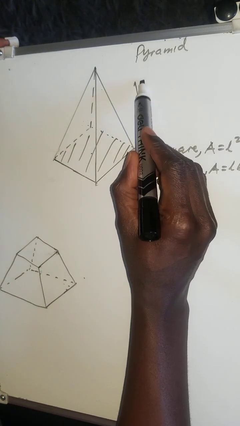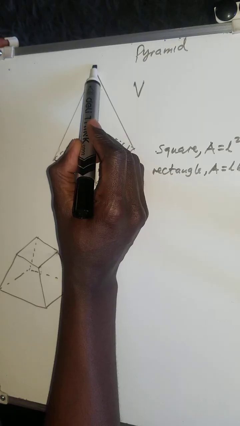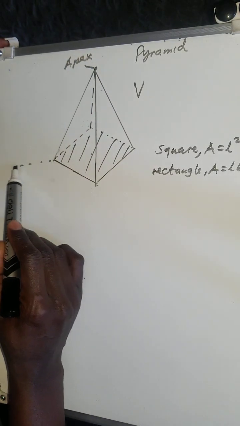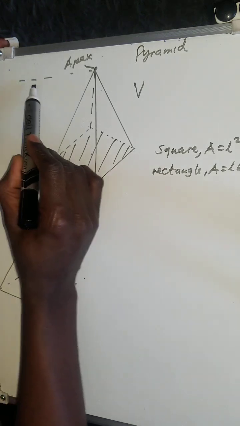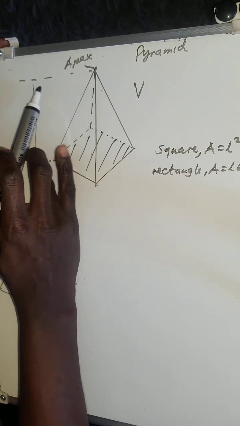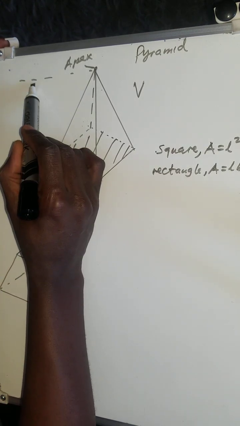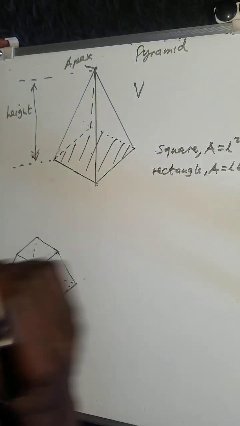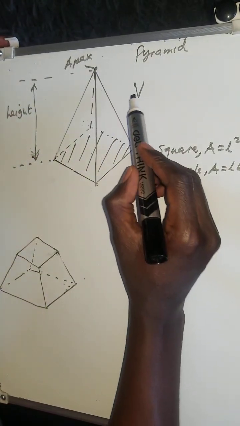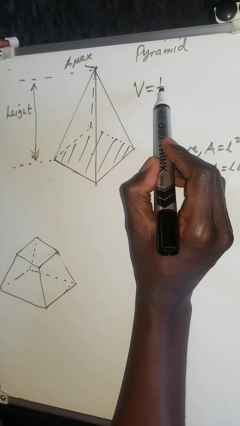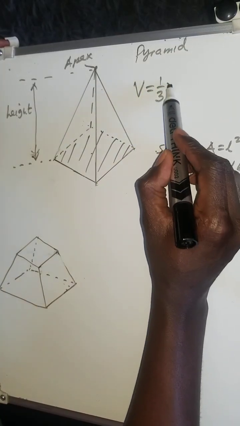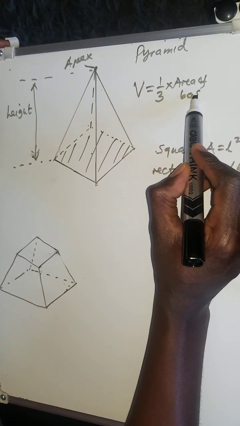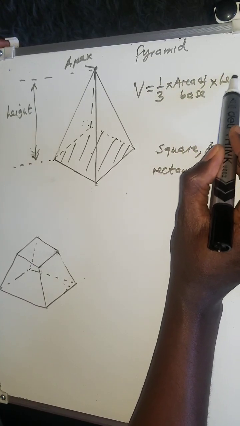So when you are finding the volume, the topmost part is what we call the apex. From the base to the apex, the distance between them is what we call the vertical height. So if you want to get the volume of any pyramid, it is simply 1/3 multiplied by the area of the base, then you multiply by the height.